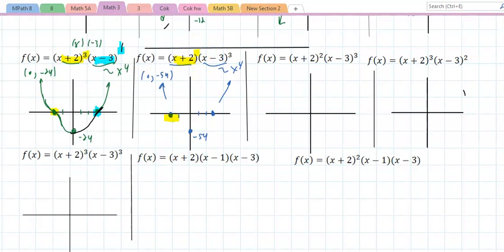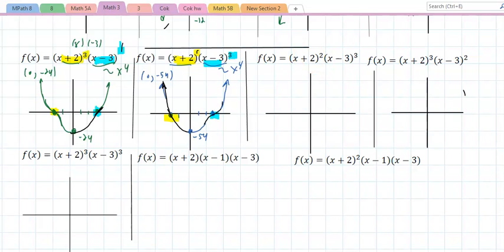And since the multiplicity is 1, it's going to look like a straight line. So kind of a straight line there. It's going to come down. And this is 0 right there. The multiplicity is 3. I need to make that look like a cube. Well, a cube looks something like this, wouldn't it? Because I know the right end behavior has to go up. And connect this any way you like and you're set.